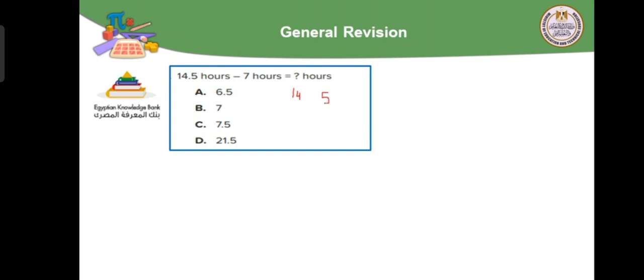But here 7 what? 7 hours. Do I have any minutes here? No. So if I subtract, I get 5 minutes. Then 14 minus 7 will be 7. So the correct choice will be number C.